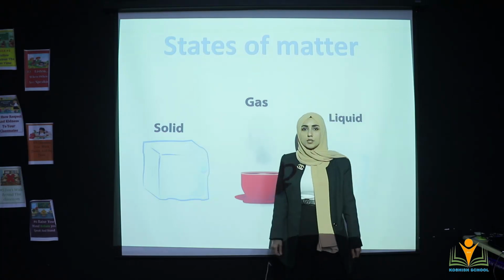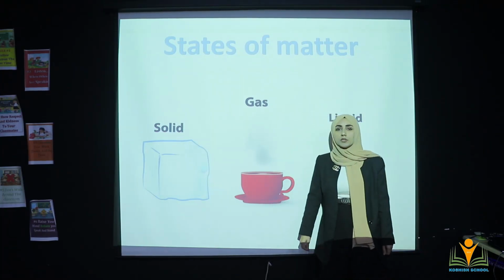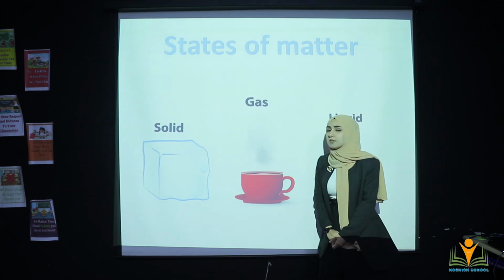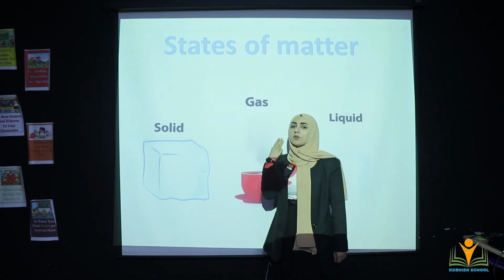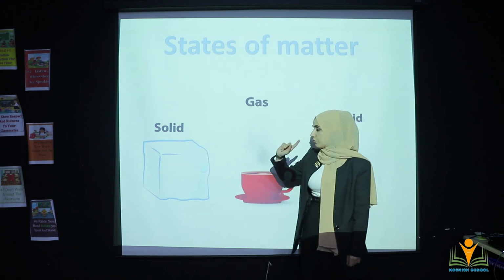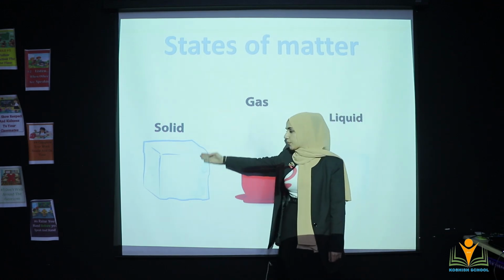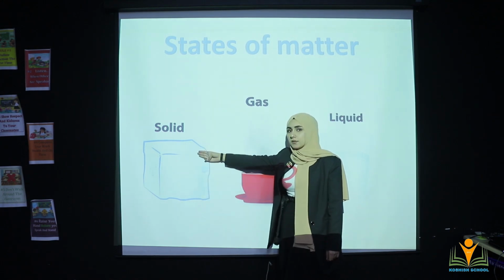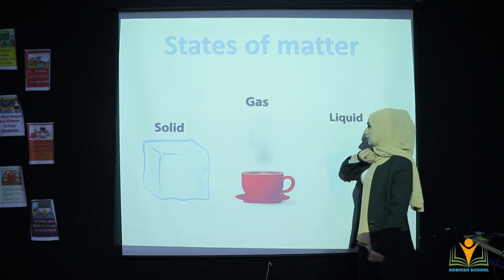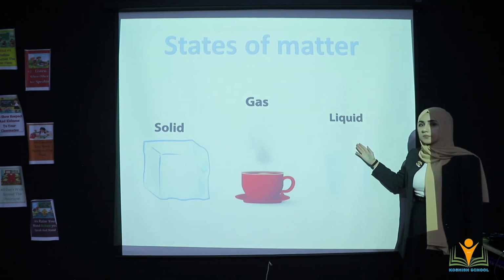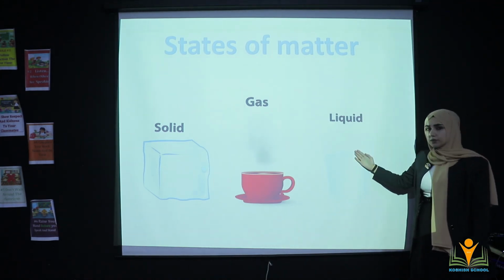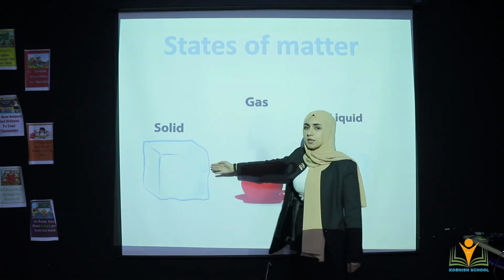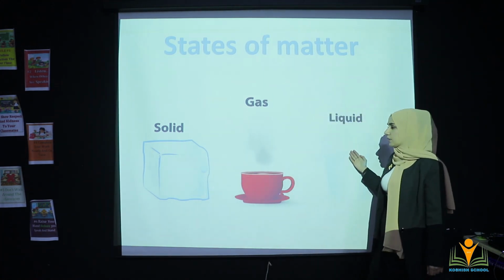So if I ask you, how many states of matter do we have, you have to say 3. The first one, solid. This is ice. Second one is liquid.